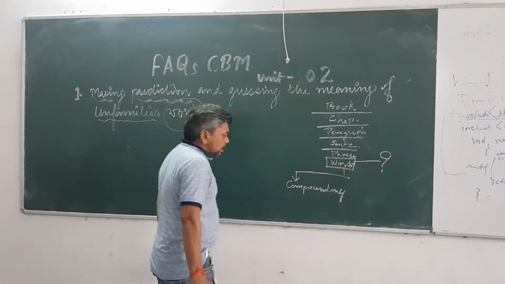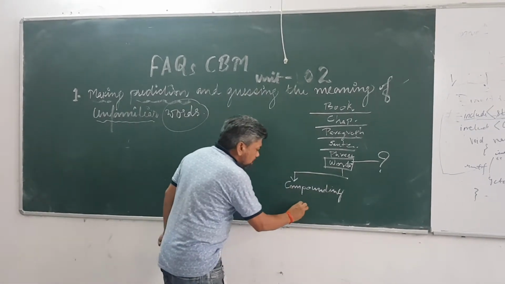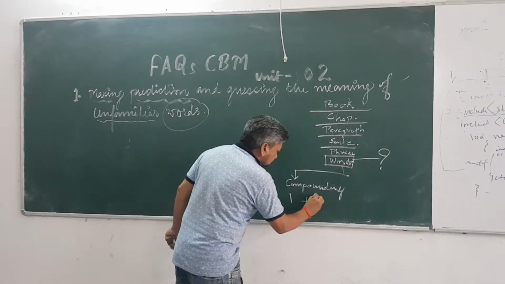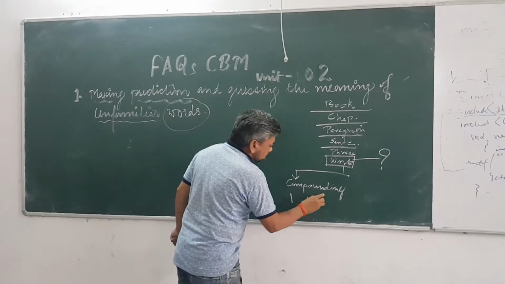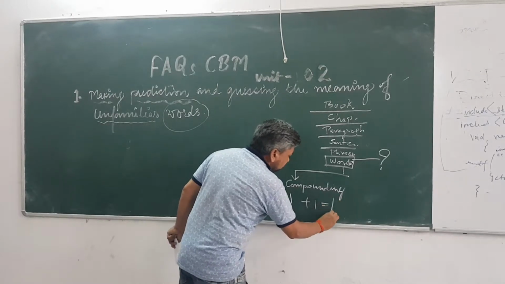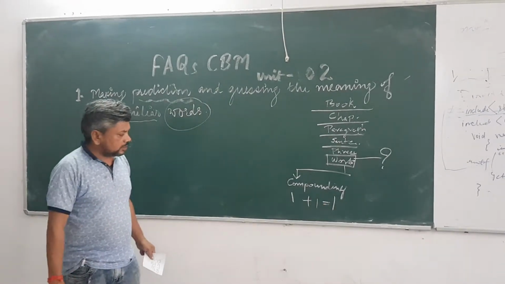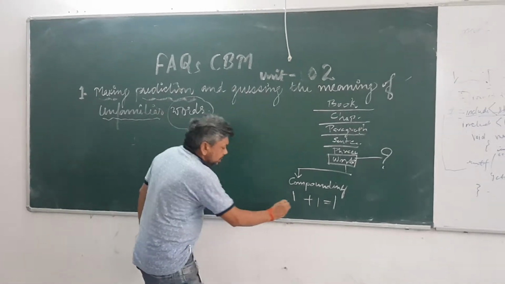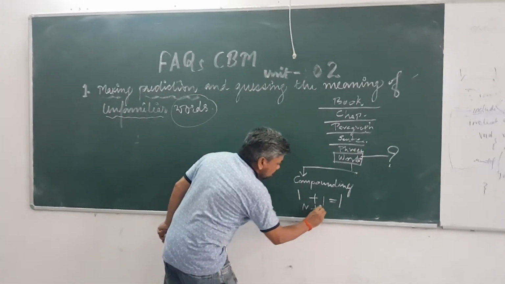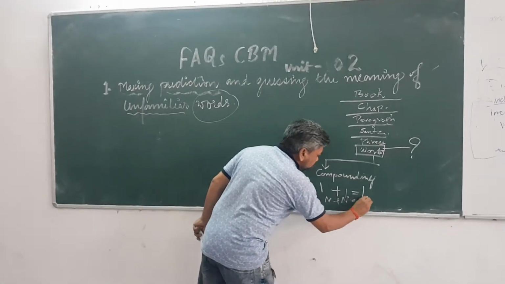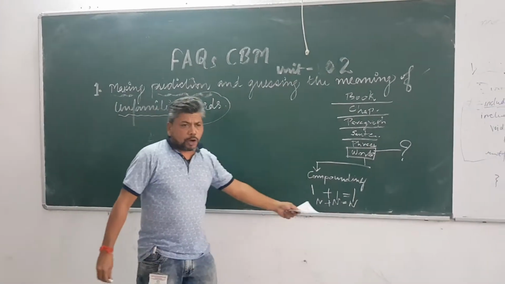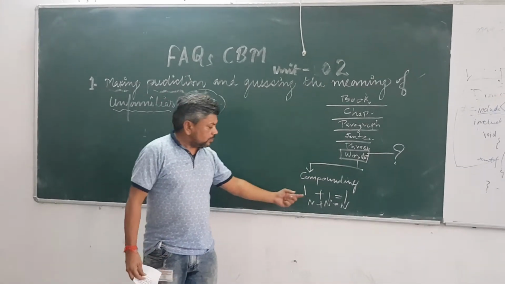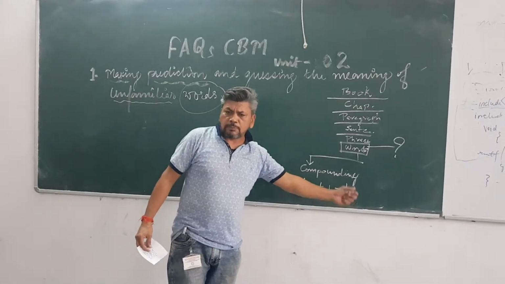Compounding stands for one word plus another word, making another third word with a new meaning. For example, there are certain patterns. Noun plus noun is equal to noun. Foot plus ball is equal to football, and carom plus board is equal to carom board.